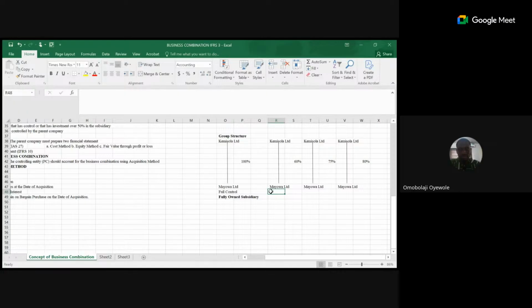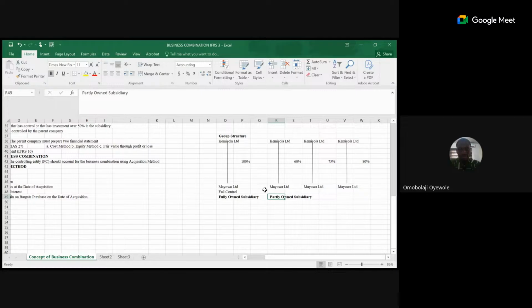Now look at the next one. Kemisola acquired 60% controlling interest in Mayowa Limited. Now we call this kind of structure a partly owned subsidiary.